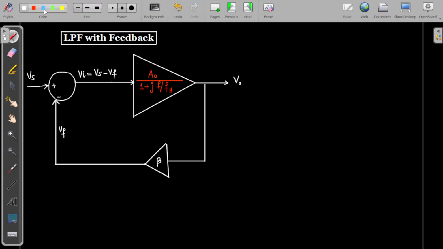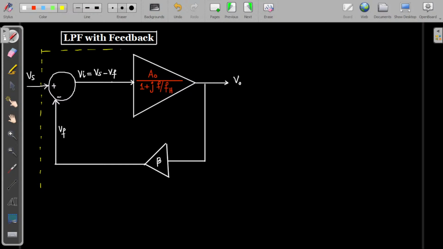So now if we want to find the effect of the negative feedback, what will be the total gain of the system? Let us find. If we want to find the total gain of the system, that means we want to find the gain of this dotted block.